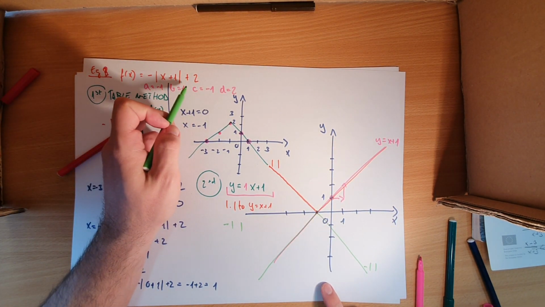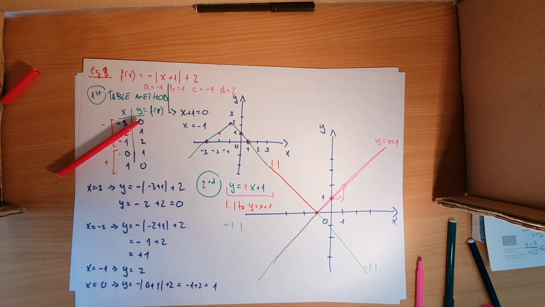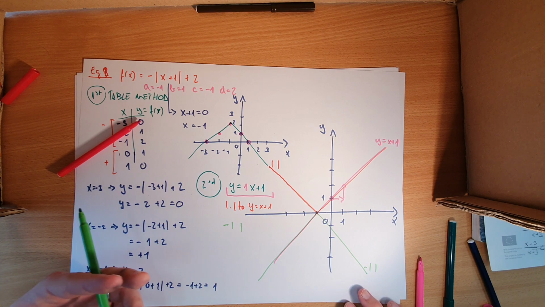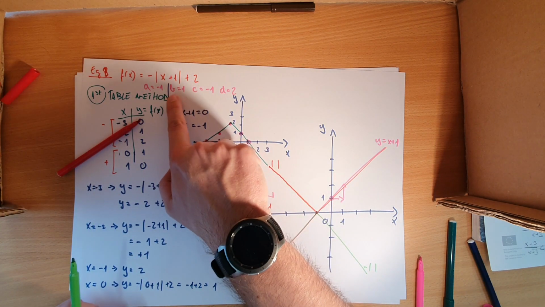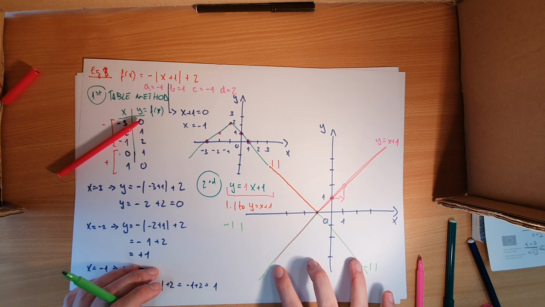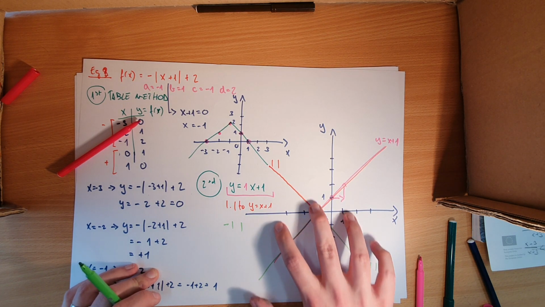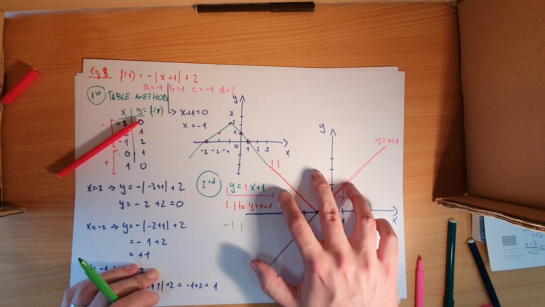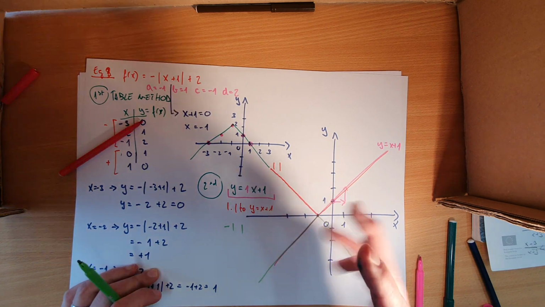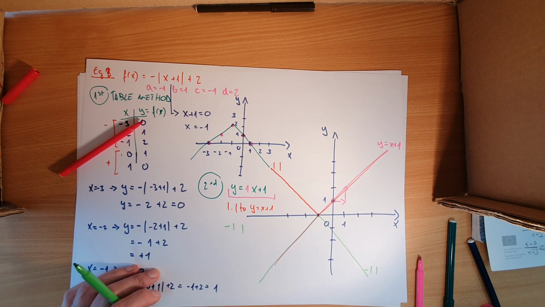And the last thing is the plus 2. Now, what you should have learned by now using GeoGebra is that the number on the side, if it's positive, translates the whole thing by 2 upwards, or if it was negative, by that amount downwards. What this means for us?